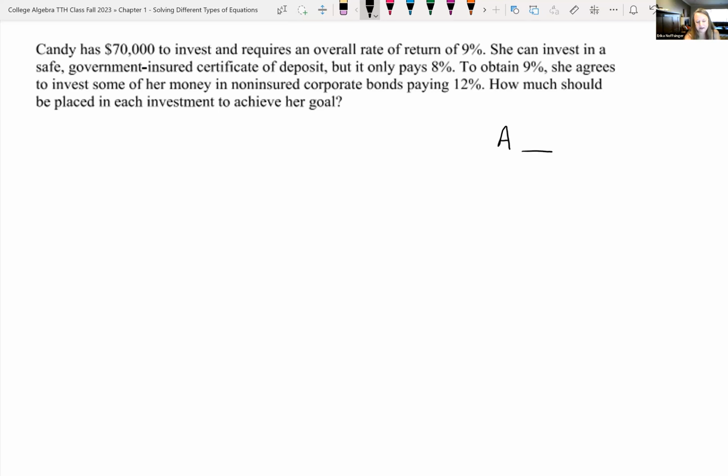A lot of times, if I had this on an exam, I might have 3 little pieces over here. So A, this is where you are defining your unknown as a variable.